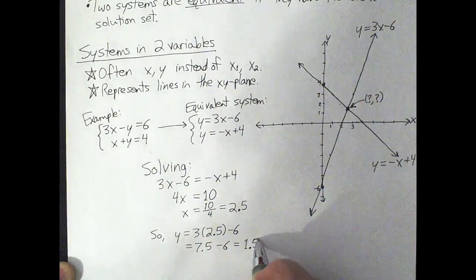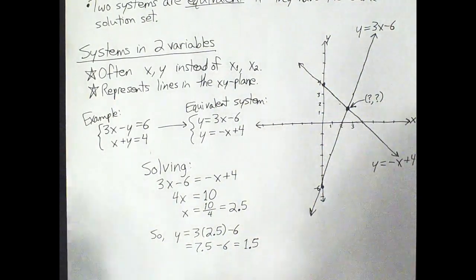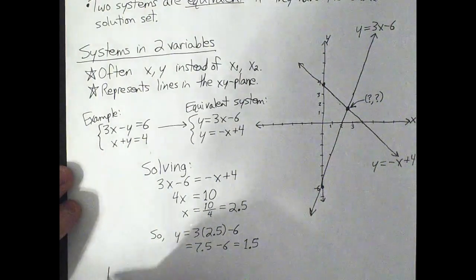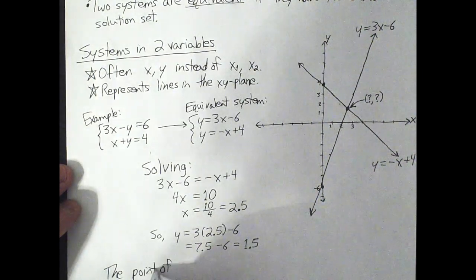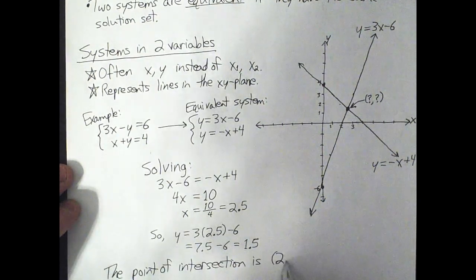So a minute ago, I looked at the picture and said that this point looked like maybe 2.5, comma 1.4-ish. So not too far off. We're going to say that the point of intersection is 2.5, comma 1.5.